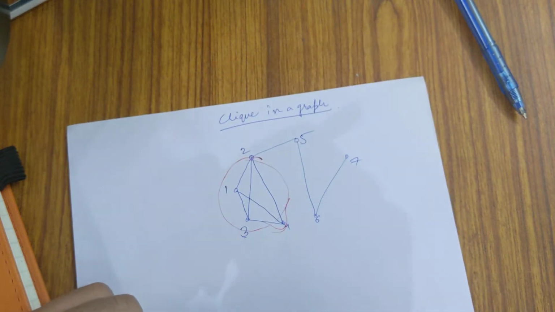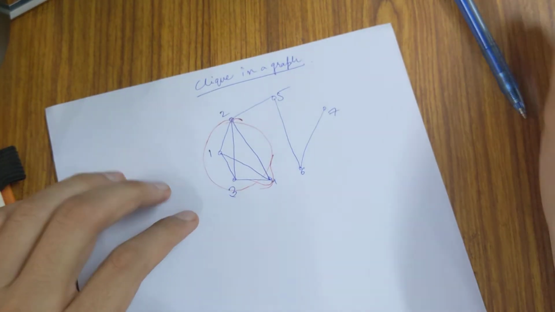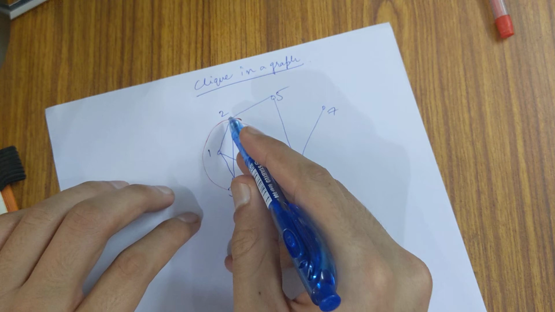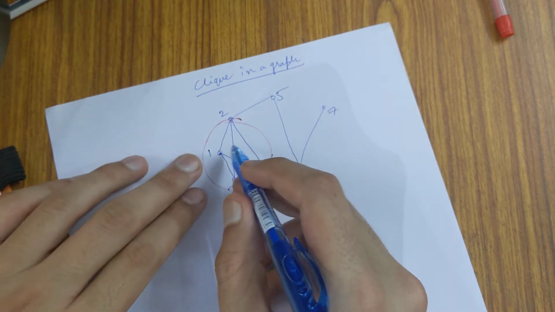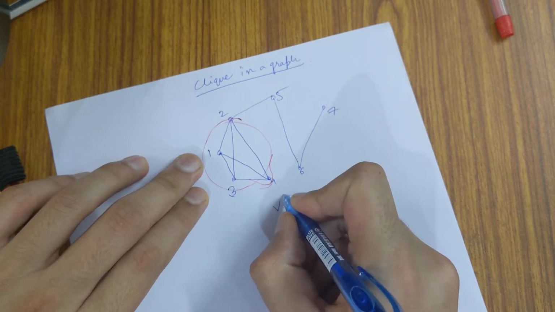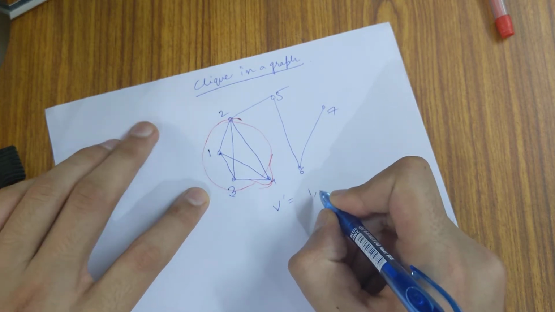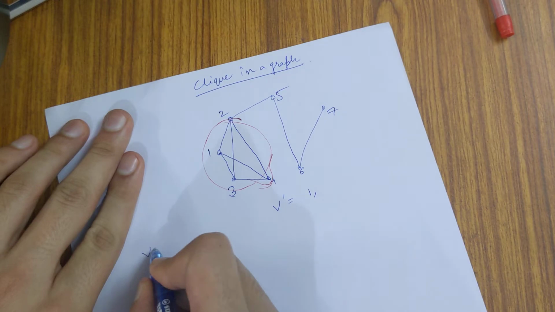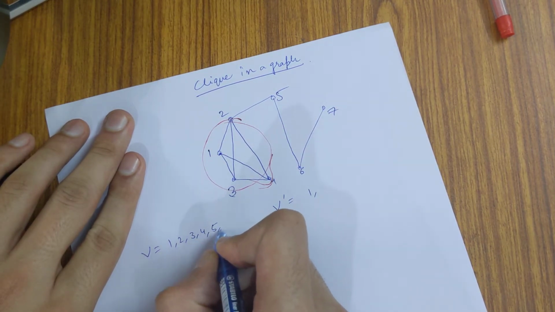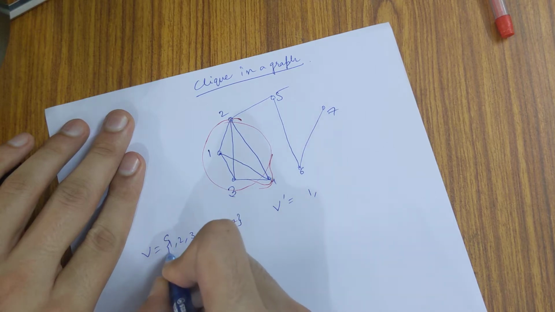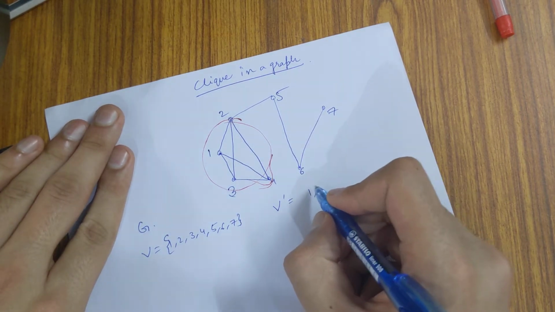Because this is a complete graph, all the possible pairs are connected. If we consider V here, it is 1 2 3 4 5 6 7, the set of all the vertices of the graph G, and there are some edges.